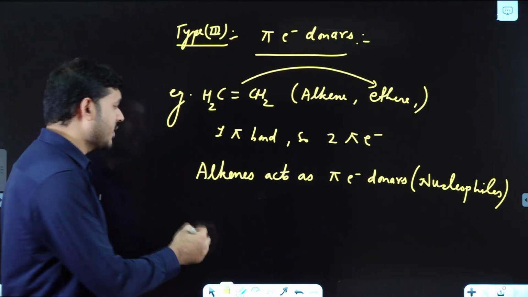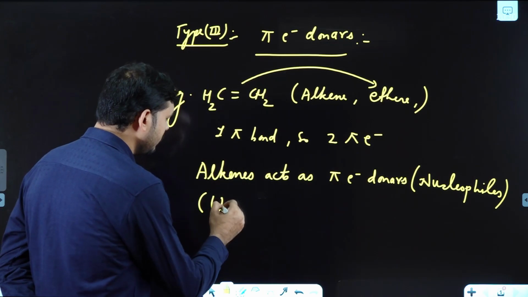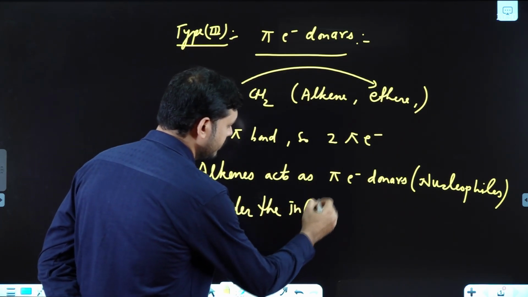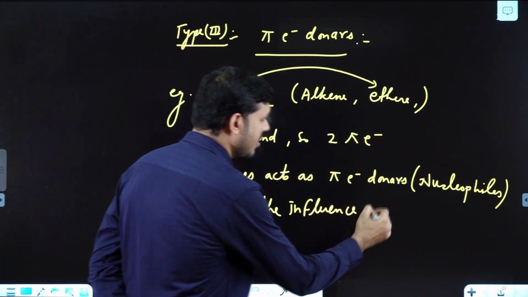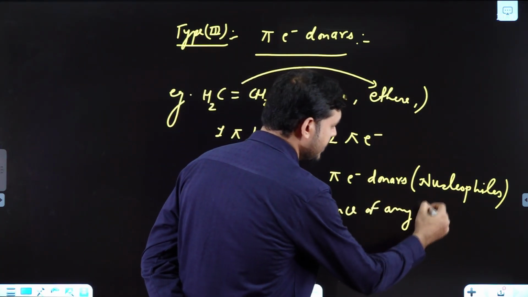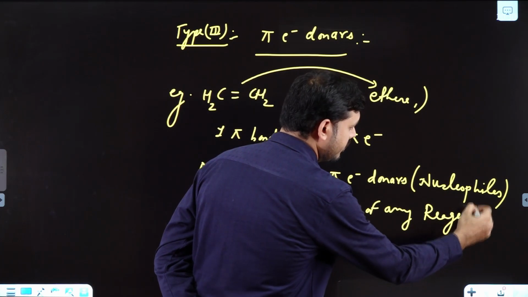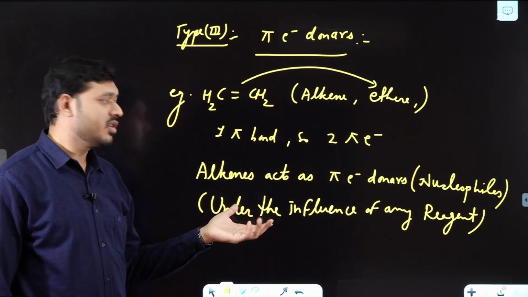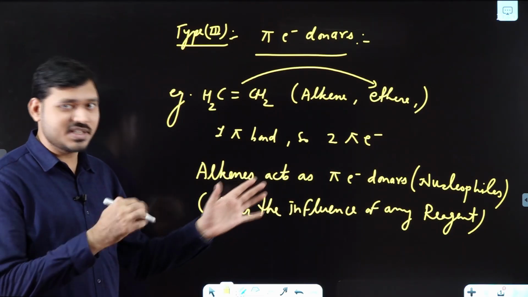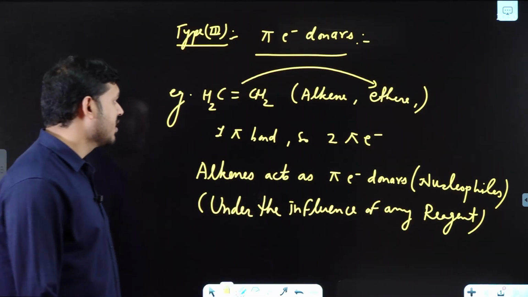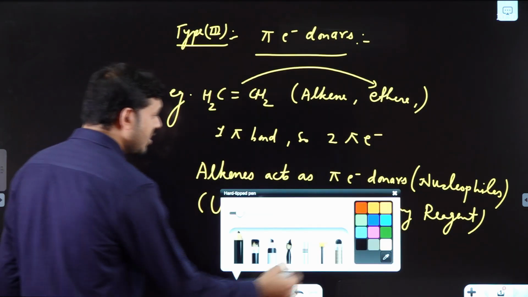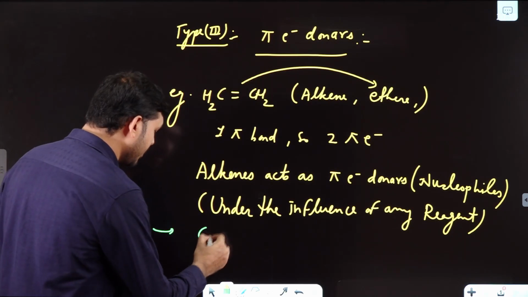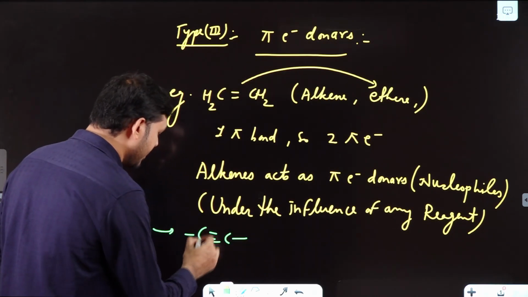Okay. So we can say here, under the influence of any reagent. Now you will think, sir, it is itself a reagent only. So I am telling under the influence of any reagent or any compound. Okay. Now the question arises, what about alkynes? I just mentioned here alkenes. C triple bonded C.